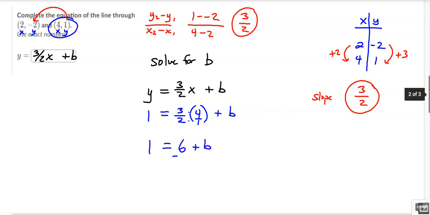Plus b, then I subtract 6 from both sides, and I get b equals -5. So now I can go back and I can say, hey, b, I know what you are. You are a -5. So that's the solve for b method. Find the slope, plug x and y in, figure out what b is. So you have a choice. You can pick either way that you like.